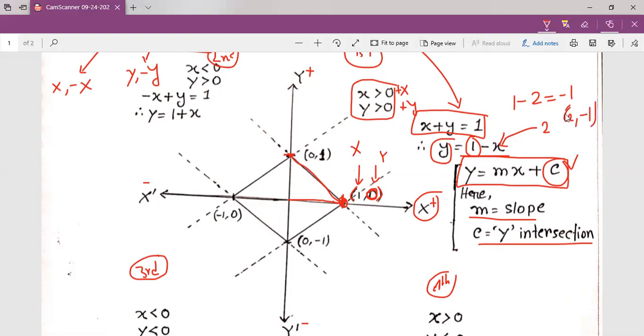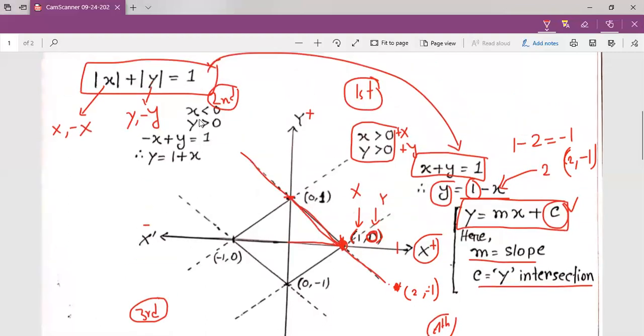Again, we have to put this coordinate pair in our graph. So x equal to 2 will be 1, 2 here, and y equal to minus 1 will be below, right here. So we get our point here, that will be 2 comma minus 1. This way we get this straight line, okay?